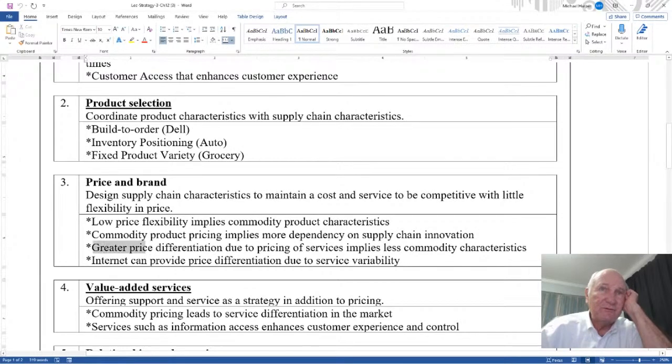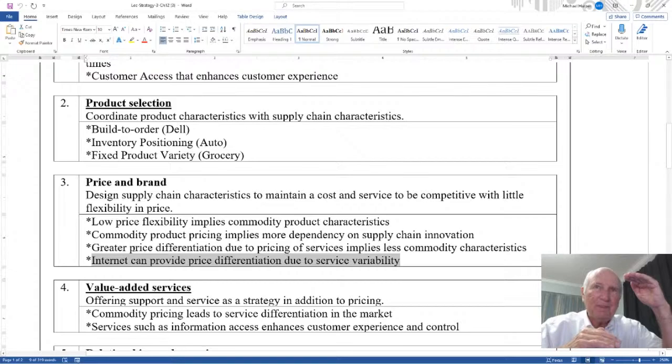Now, a greater price differentiation due to pricing of services implies less commodity characteristics. And the internet can provide price differentiation due to service variability. So as the price differentiation becomes more important, it's less of a commodity characteristic.